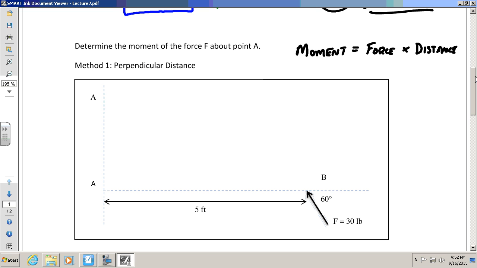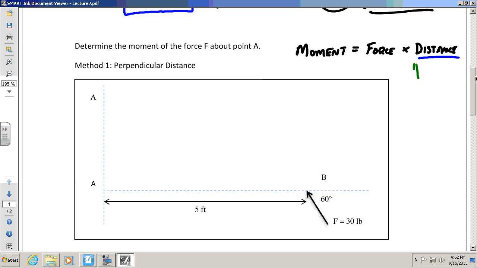Okay, got it. All right. And here's the deal. It's not just any distance. Because if it were any distance, you wouldn't know which distance to use. It's the distance between the force and the point that you're trying to do moments about. It's what we call the perpendicular distance.